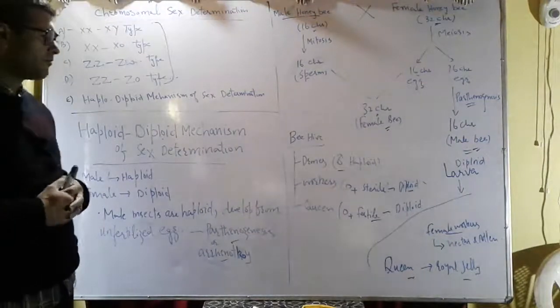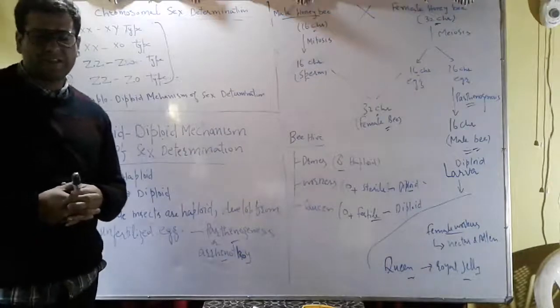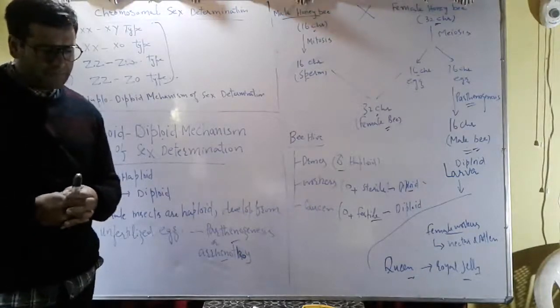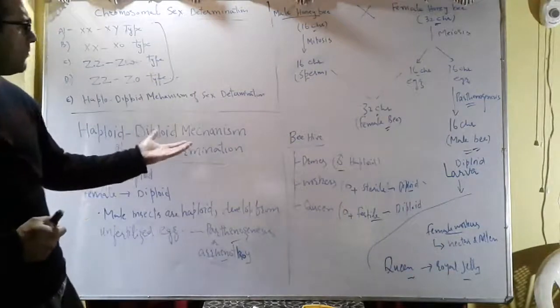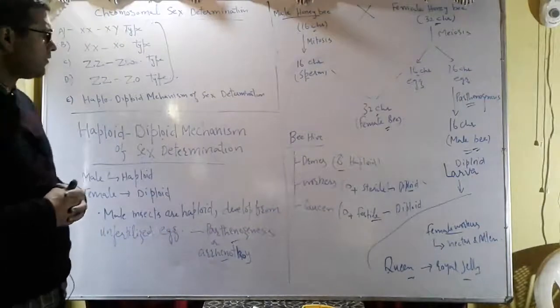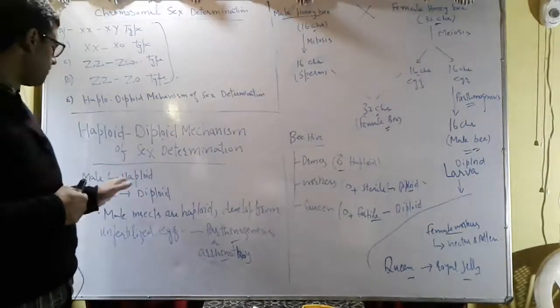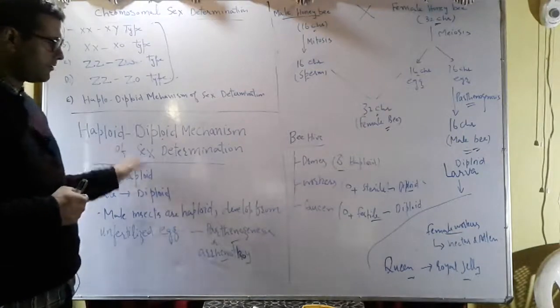This mechanism is found in some bees, wasps, and ants. Here we have taken the example of the bees. So this was all about the haploid diploid mechanism of sex determination.